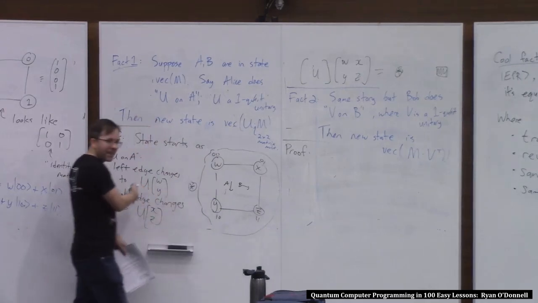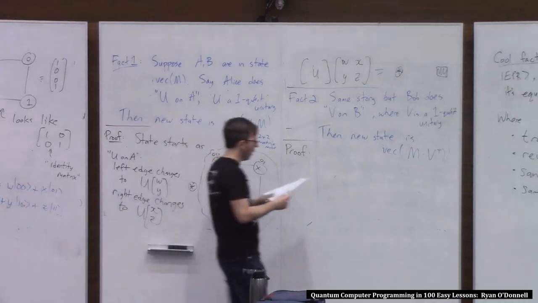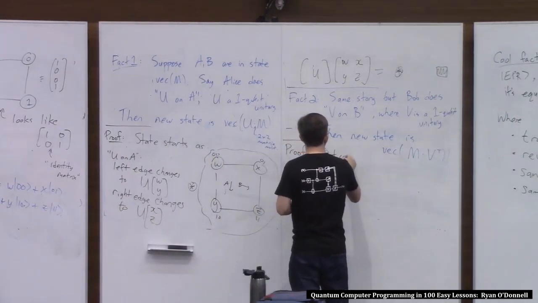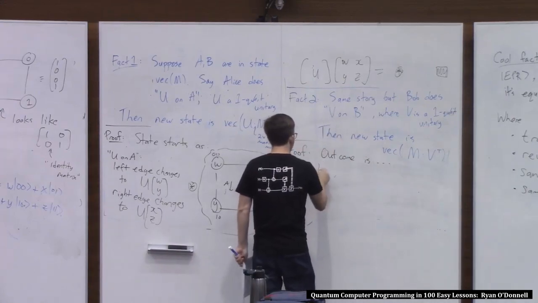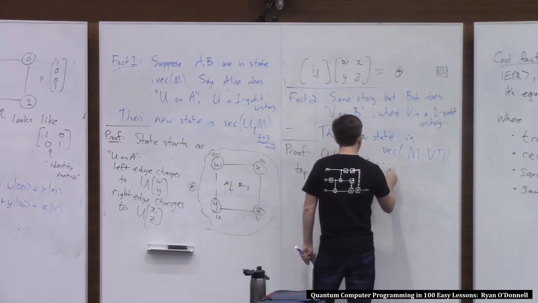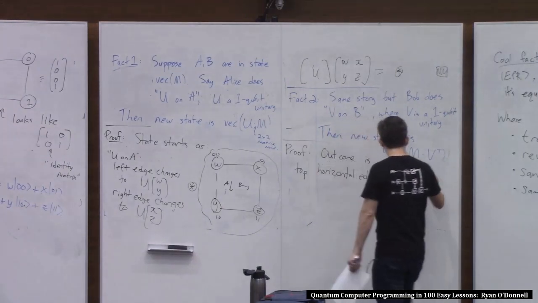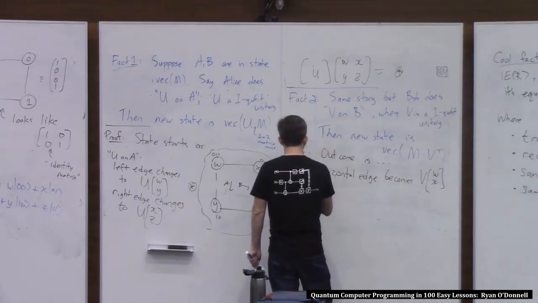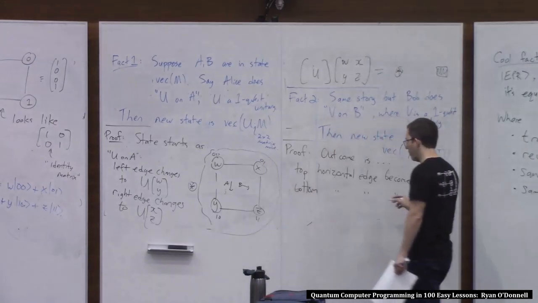So basically, it's going to be the same picture, except the notion of rows and columns gets swapped. So the outcome is that the top horizontal edge becomes V applied to Wx, and the bottom horizontal edge becomes V applied to Yz.